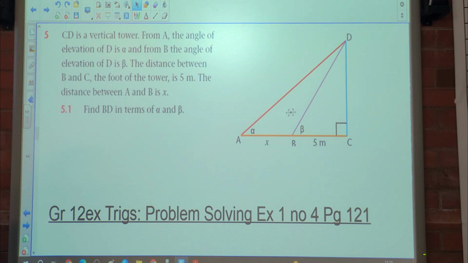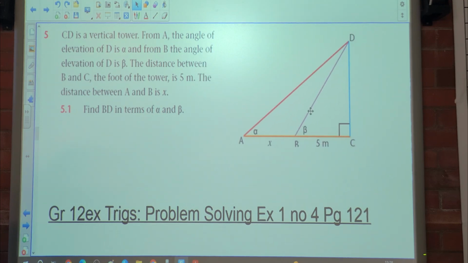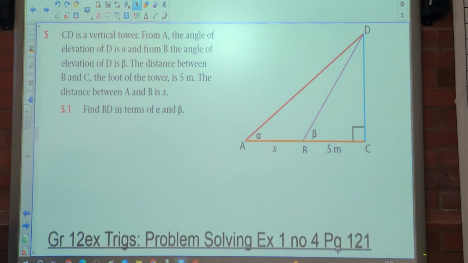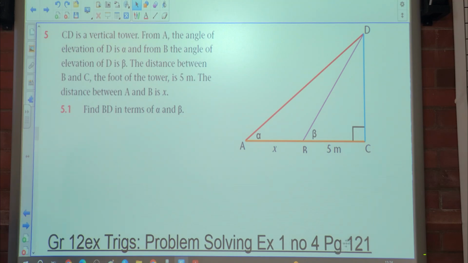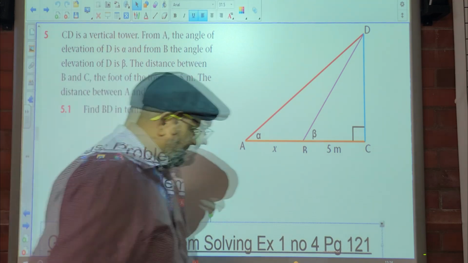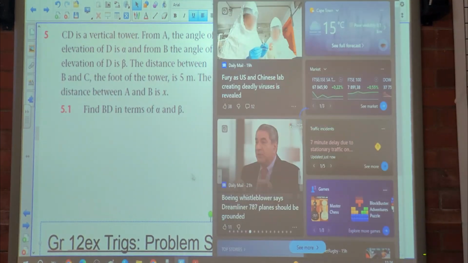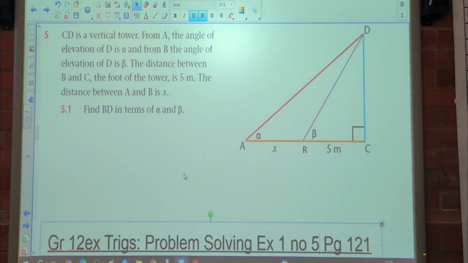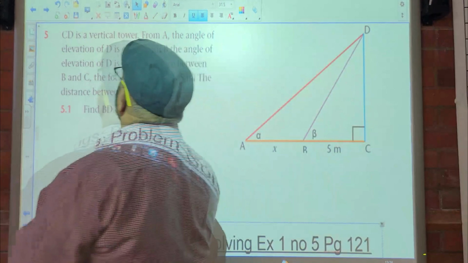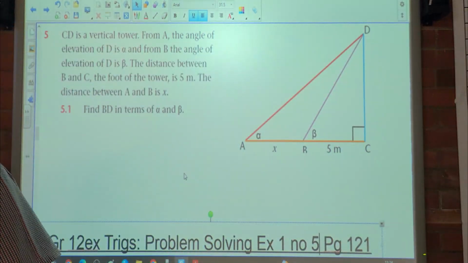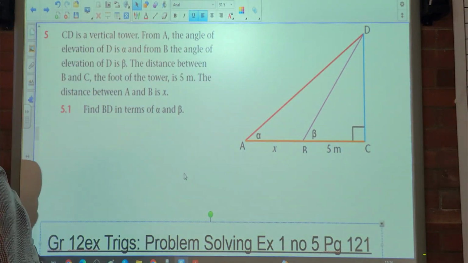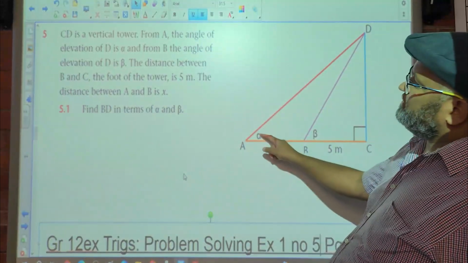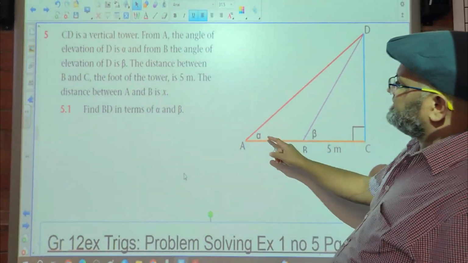People, we are told... I'm moving too fast now. Okay, I'll try to move a bit slower. Number 5. People, we are told that CD is a vertical tower. From A, the angle of elevation, which means the angle that goes up, of D is alpha.